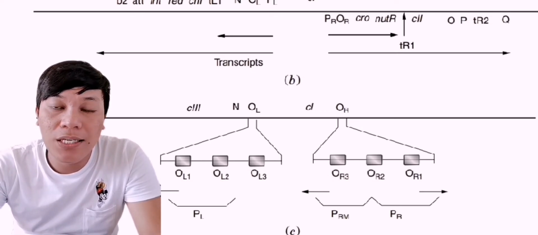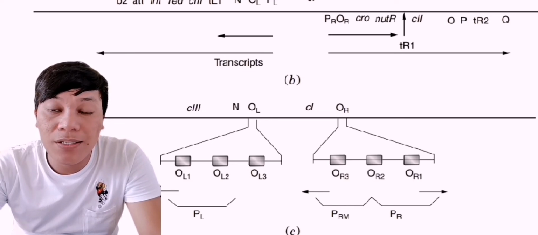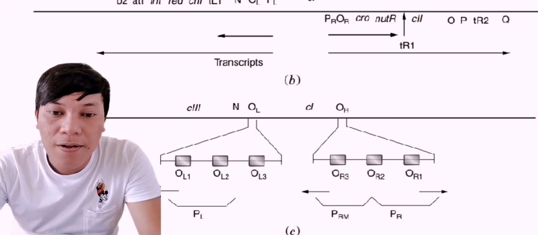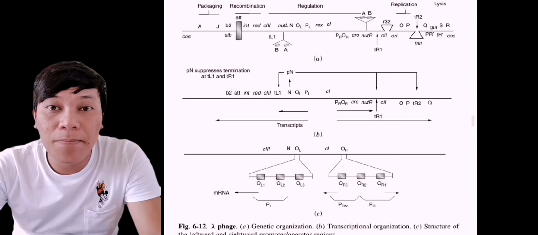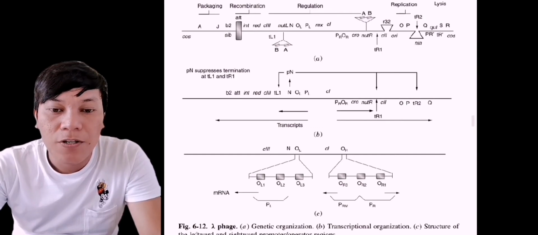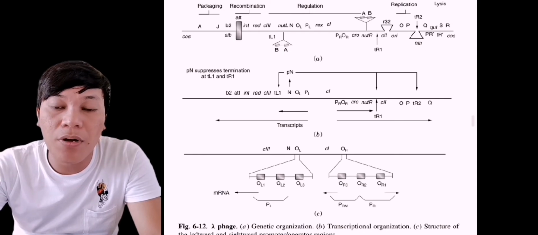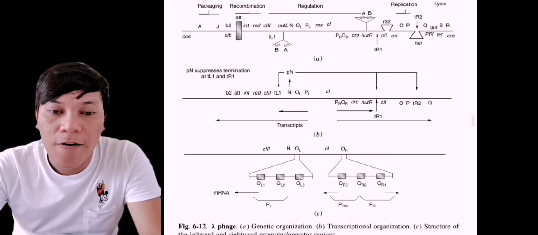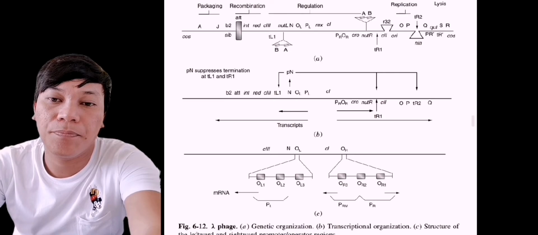First, genes involved in lytic development; second, genes involved with the development of lysogeny; third, genes participating in both; and fourth, genes with unknown functions. The genes in the second and fourth groups are non-essential for phage growth, as you can see in figure 6.12a, which presents a general map of the lambda genome.